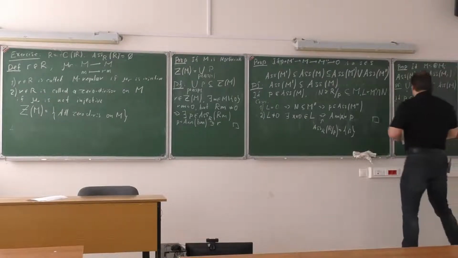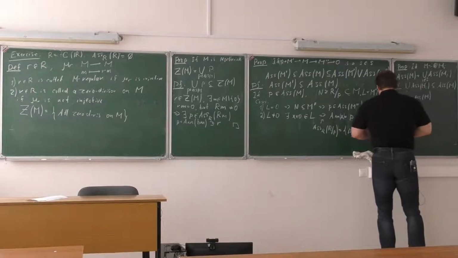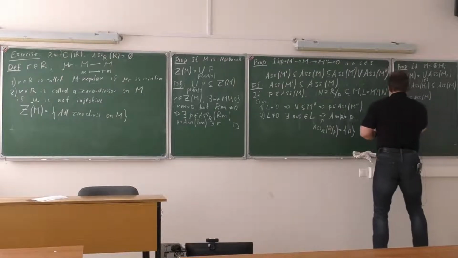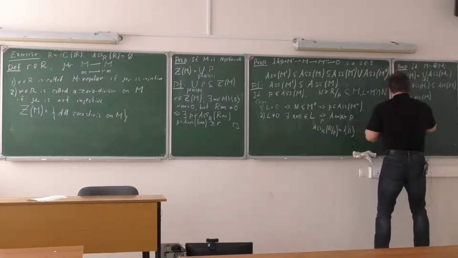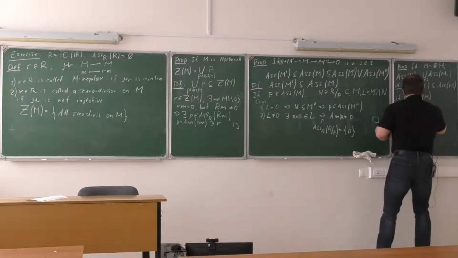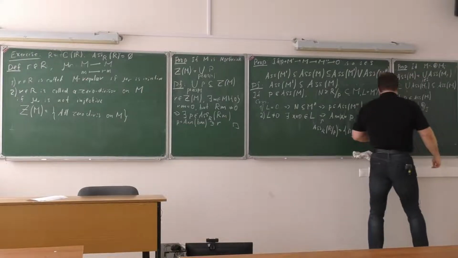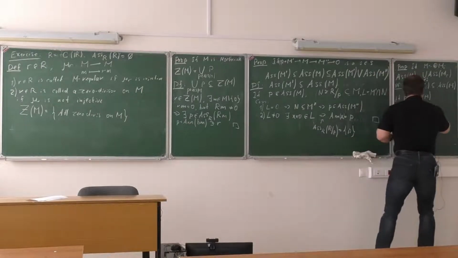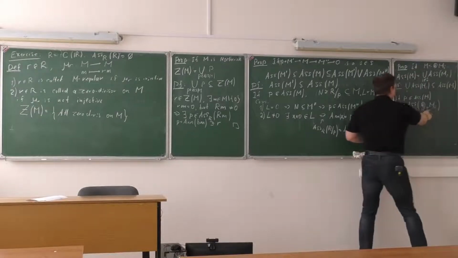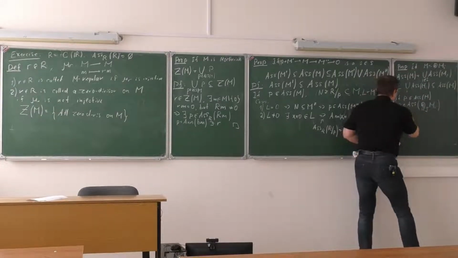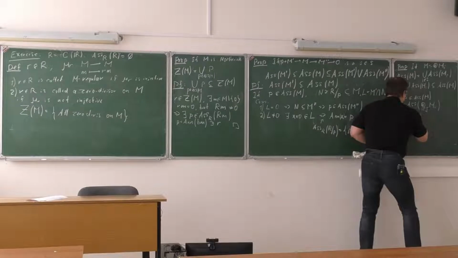So if P is associated with M, I claim that P is actually associated to the sum of Mi over another set J, such that i belongs to this set J, and this set J is finite.